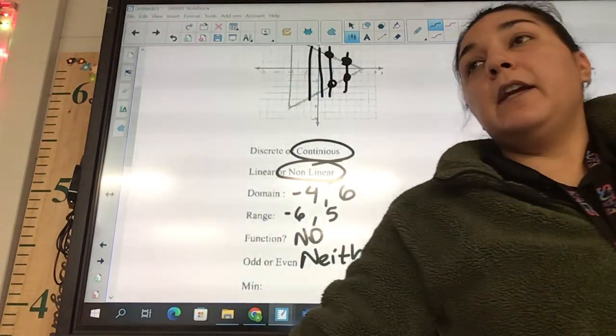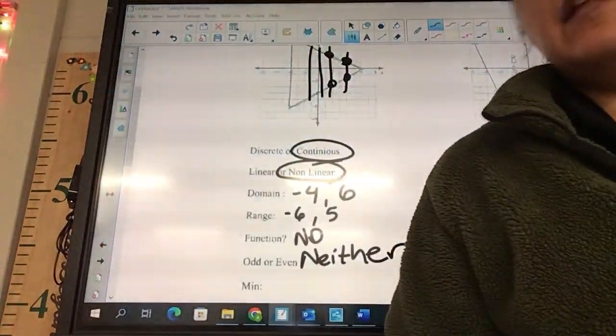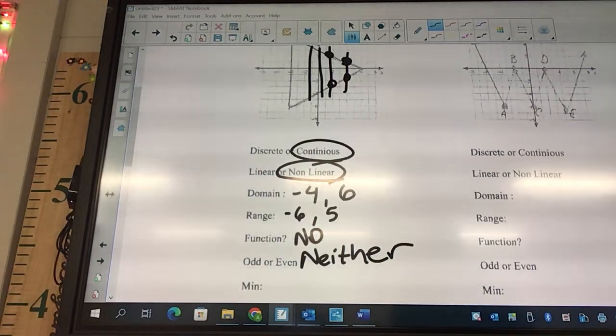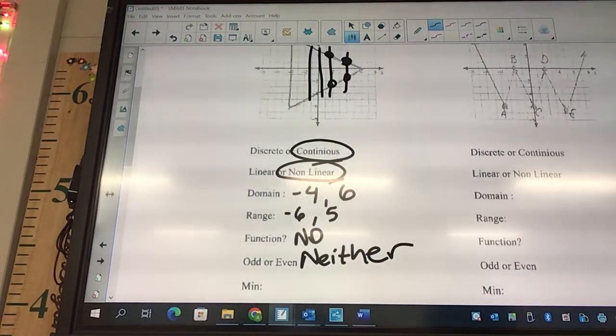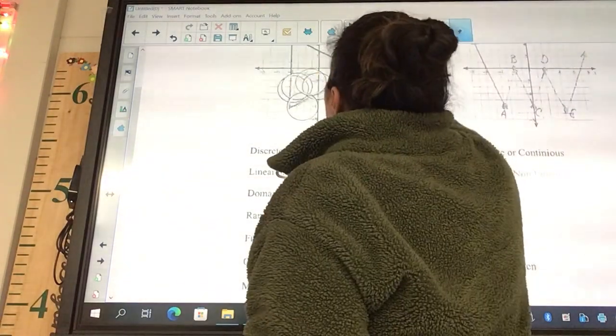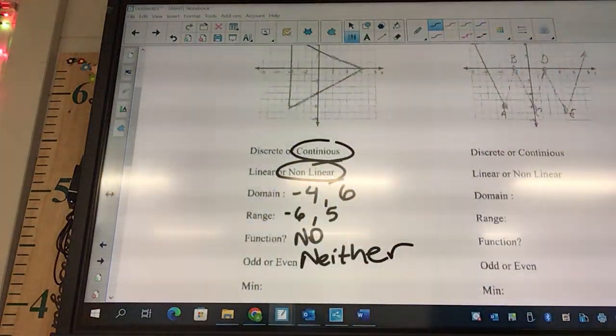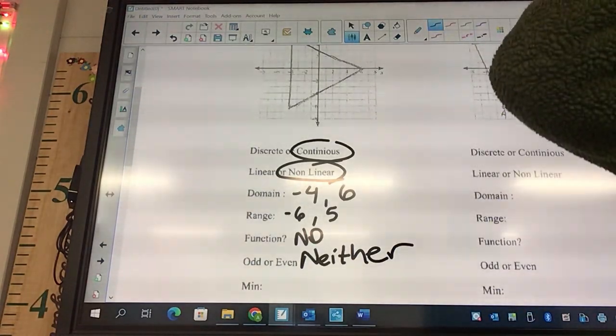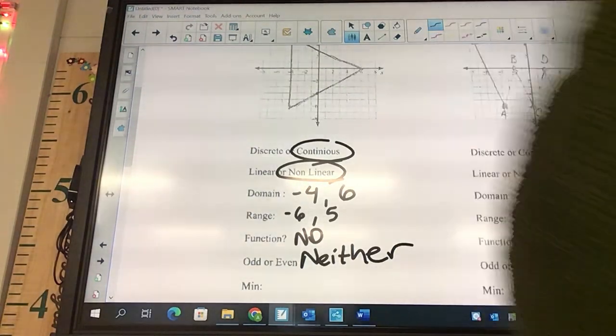Evens are both up, both down, both sideways. And neither is going to be a closed shape like a circle, triangle, square. Min or max? There's none, right? There's no letters on there. Is min the lowest or the highest point? Lowest. The max would be the highest.